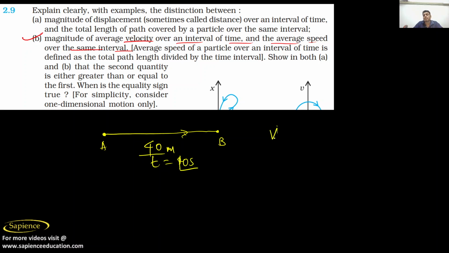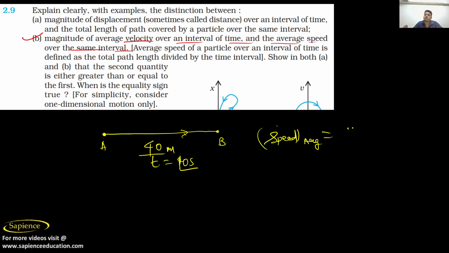Now if I talk about speed, what do we need to write here? Speed is equal to average speed. I am talking about average, right?